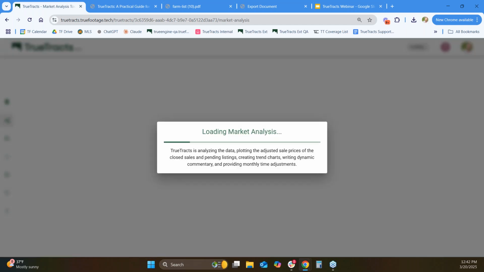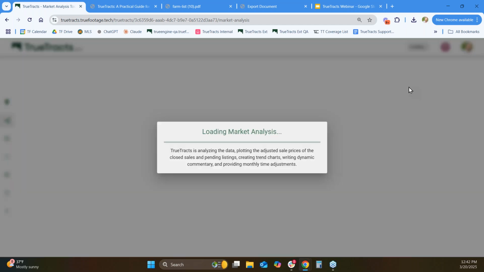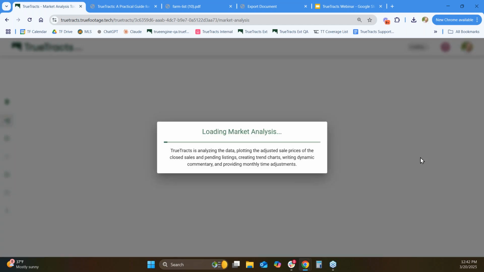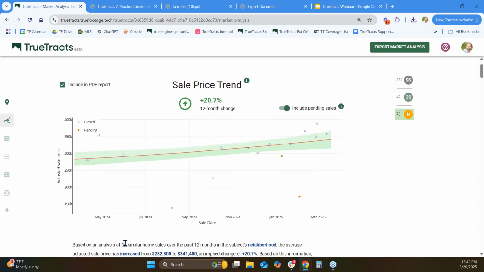And we can actually just look at the neighborhood, and we can see what that trend would show us. So I'm simply going to remove the SS. I'm going to remove CS. And so in a normal appraisal situation, trying to analyze a market, you might end up with only 14 sales in that neighborhood over 12 months.